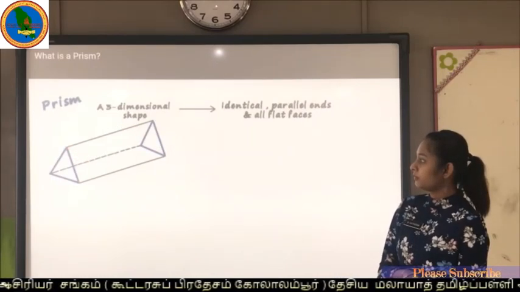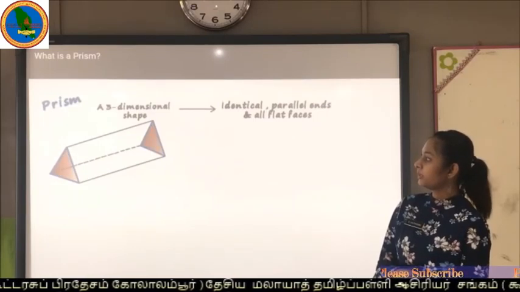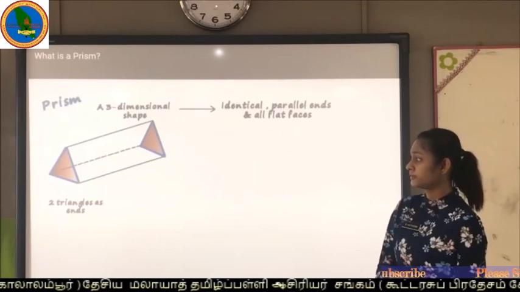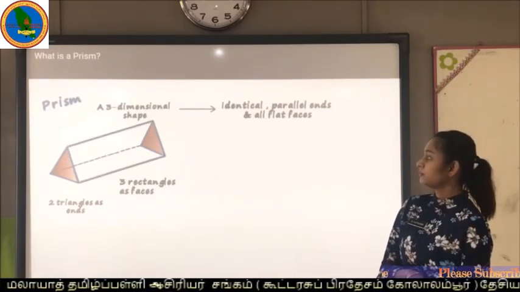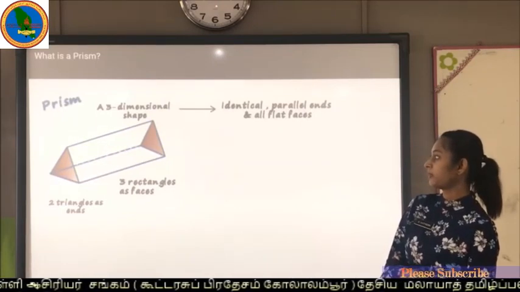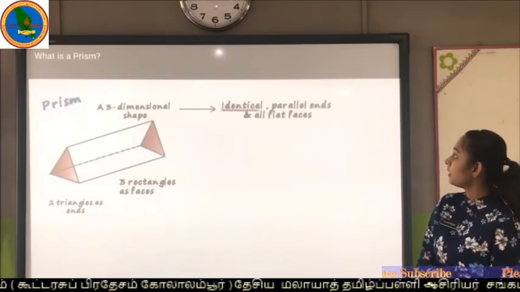Look at the ends of this figure. It's a long figure with two ends. Now let me color the two ends for you. This figure has two triangle ends and three rectangles as faces, one in the front, one at the back and one at the bottom. Now let's go back to the definition. It says the ends are identical and parallel.